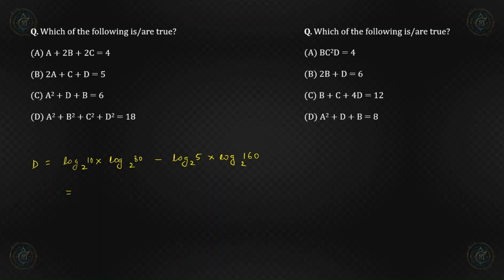Okay, so what will be that thing? So first of all we need to decompose these numbers into their prime factors. So this is 2 times 5, this is 16 times 5, that is 2 to the power 4 times 5, this is 5 into 1, right? And this is equal to 80 times 2, so we can say 2 to the power 5 times 5.